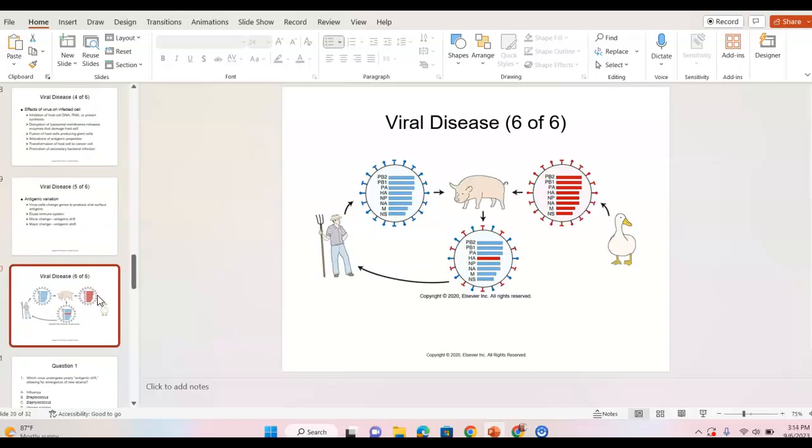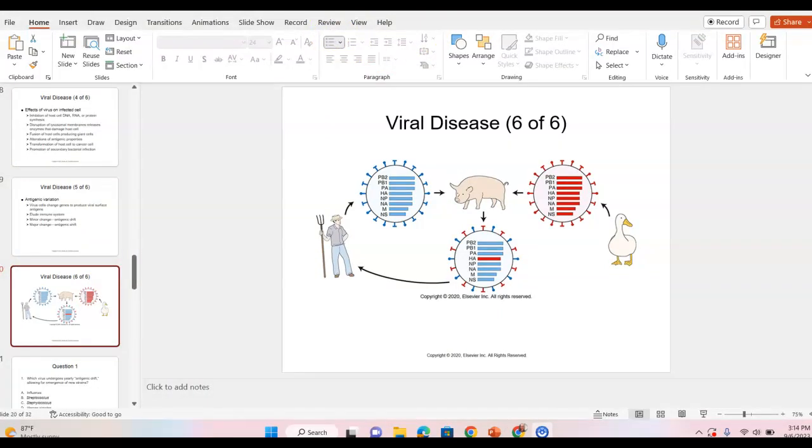In this picture, it took me a little while to figure this out, but what this is showing is an antigenic drift, where just some of the surface structures of this cell have changed. These are all different proteins that are on the surface as surface cell receptors or glycoproteins. It comes to us, we're able to adapt to it and fight it off.